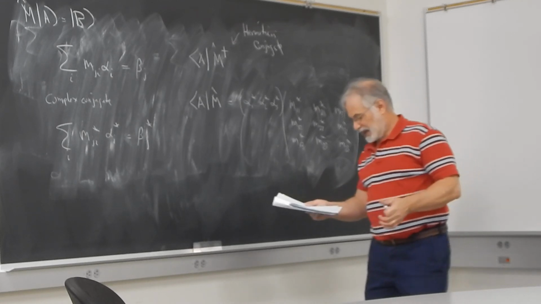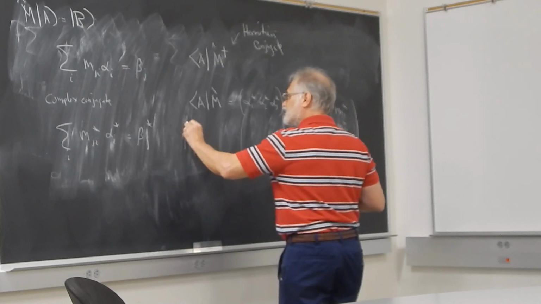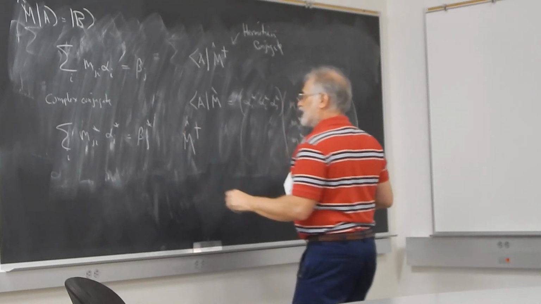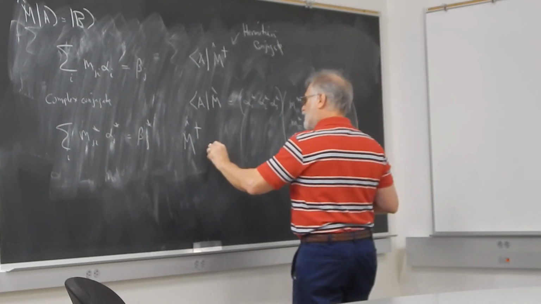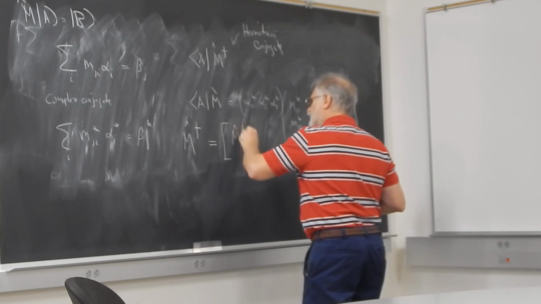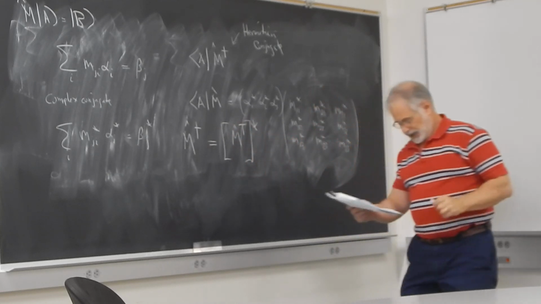Remember transpose again, where I interchange rows and columns. So we can write the Hermitian conjugate of M as M transpose complex conjugate.